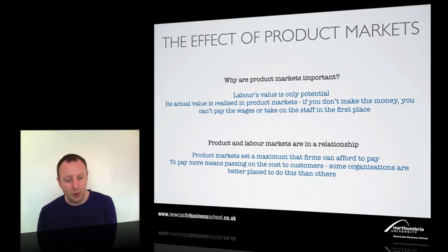Now, of course, some organisations are much better placed to be able to do this than others. So if an organisation is operating in a product market with relatively little competition, or even better, if they're in a monopoly, then they have substantial scope to operate in whichever way they please in labour markets.